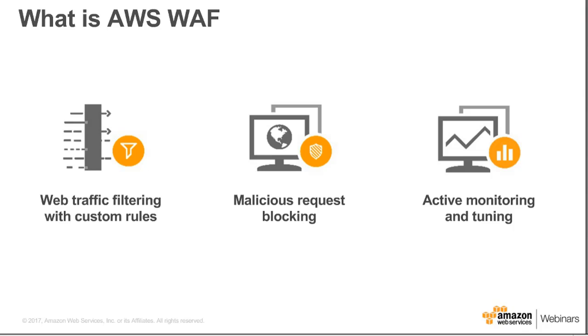The last but not the least is active monitoring and tuning. AWS WAF provides you dashboards and sample requests, and is also integrated with CloudWatch metrics, where you can set up alarms to alert yourself when certain traffic is seen, especially the ones that are in count mode.